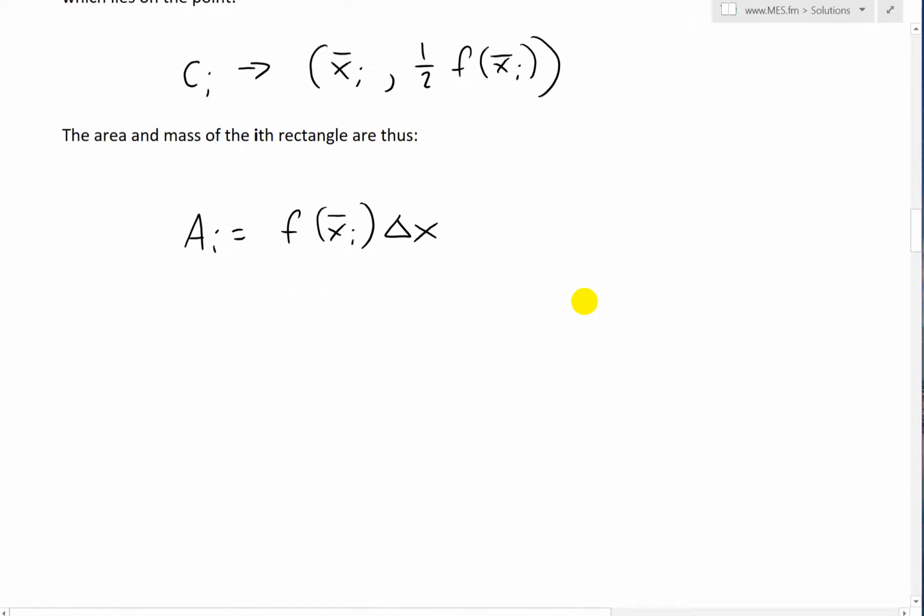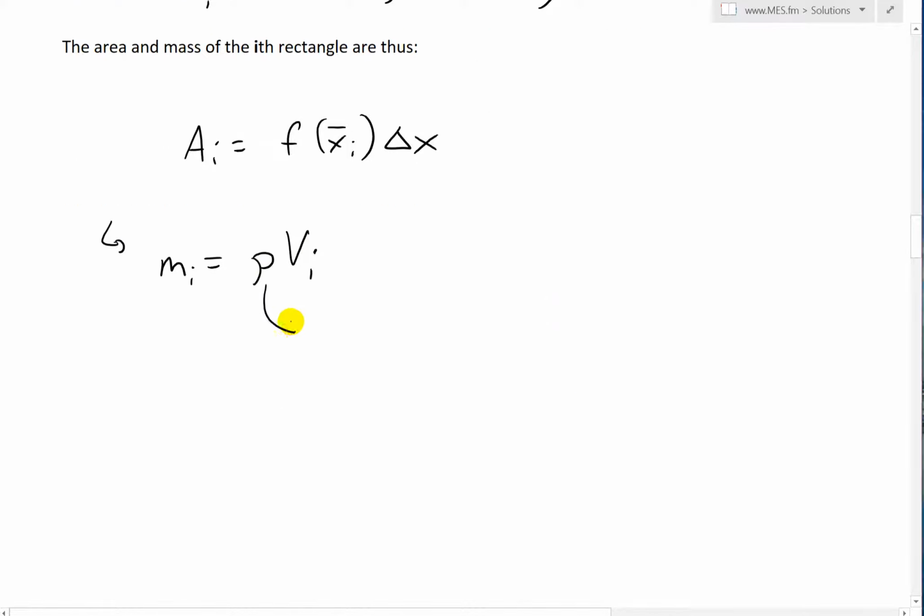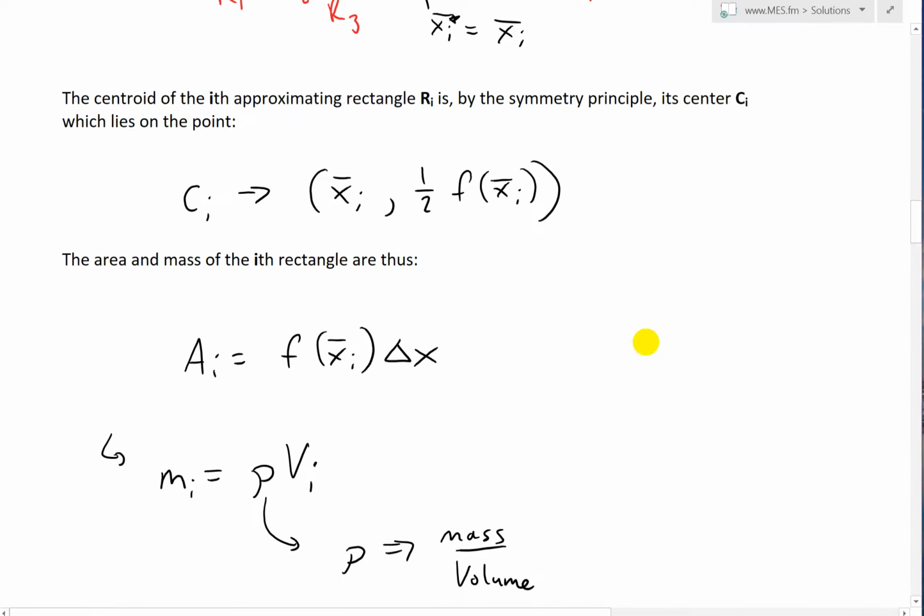And now the mass of it, this is the interesting part. The mass is technically equal to the density times the volume. Rho has units of mass over volume, so we need to multiply by volume to get the mass.